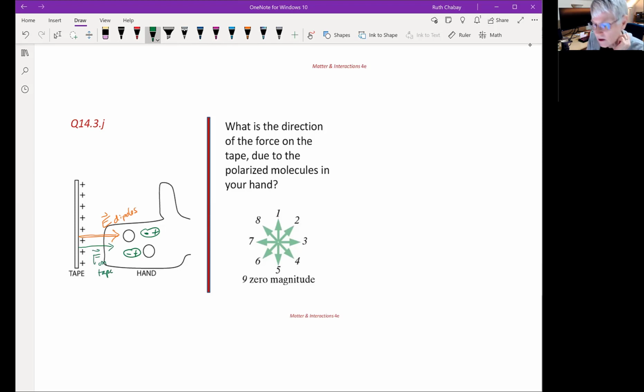So it's attracted to your hand. We worked through last time what would happen if the tape was negative: the molecules would polarize the other way, the field would be in the other direction, and the tape would still be attracted to your hand. So we found that neutral and charged objects always attract each other due to this polarization.